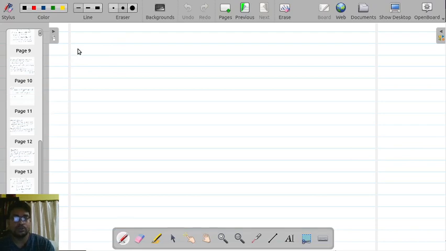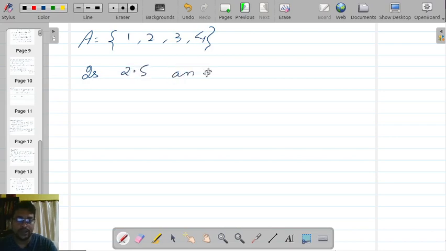So the first question that arises is when is a set said to be not bounded? For that, let us try to understand what is meant by saying that alpha is not an upper bound of this A. Suppose for example A is {1, 2, 3, 4}.